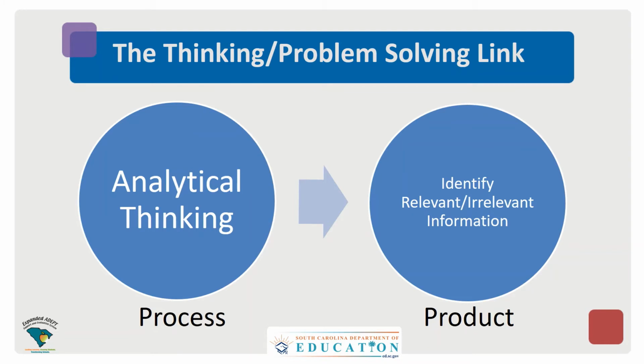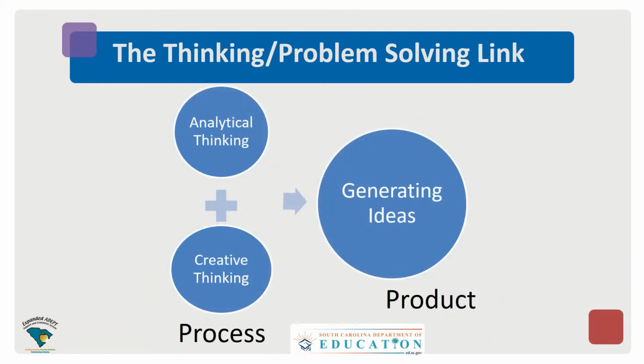The process of analytical thinking should result in the product of being able to problem solve and being able to identify relevant or irrelevant information. As another example, analytical thinking and creative thinking leads to the product of generating ideas.